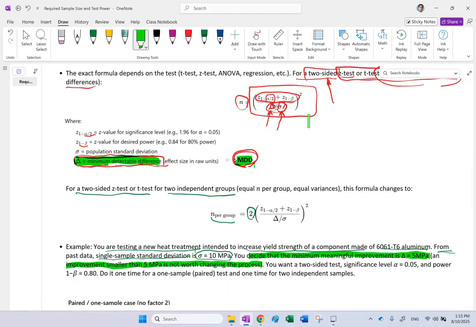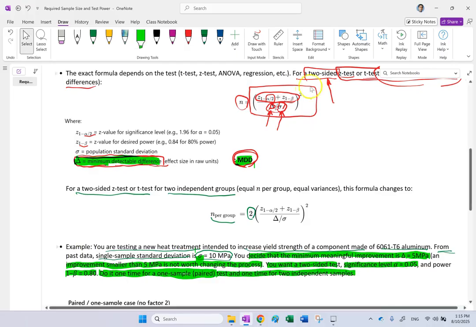Now you want to do a two-sided, two-tailed test with an alpha of 0.05 and a test power of 80%. You want to know how many samples you need if you do a one sample test, if you want to do a paired test, or if you want to do two independent samples.